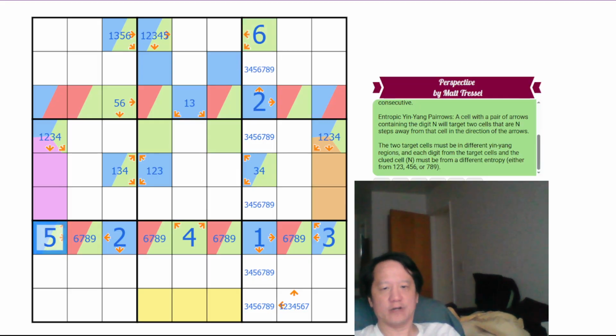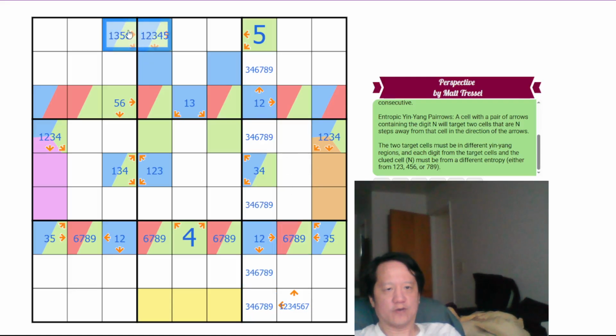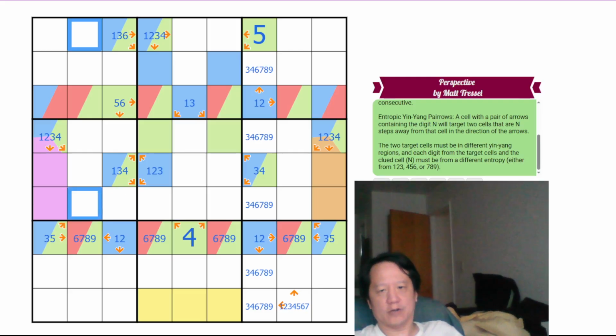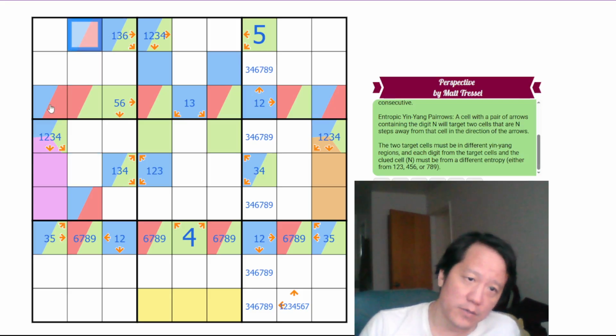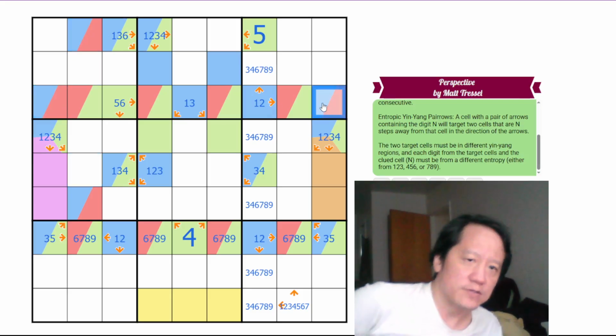That's the reason why. So that doesn't work. That's why this is 5. No 5 here, no 5 here, no 5 here, no 5 here. So we know this is a low-high pair here. This is a low-high pair, obviously.